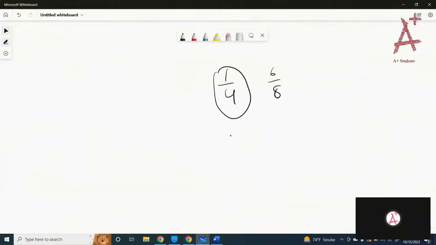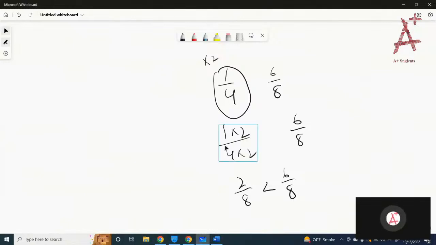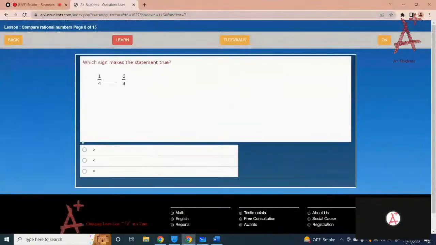So make the denominator of this fraction 8. 1 times 2 is 2 and 4 times 2 is 8. Got it? So it would be 2 over 8 and 6 over 8. So is 2 by 8 greater than 6 by 8 or less than 6 by 8? 2 by 8 is less than 6 by 8. Got it? So select the correct option and click on the OK button.